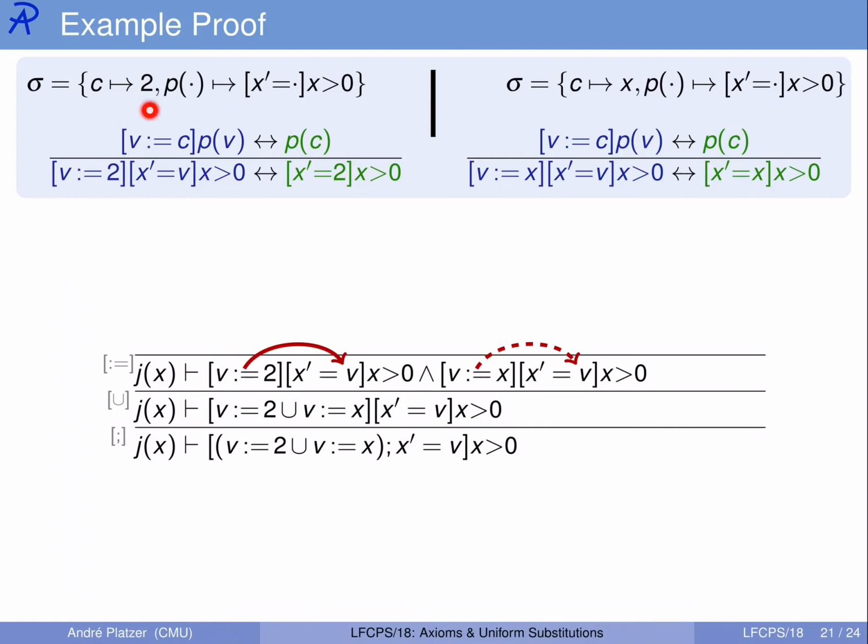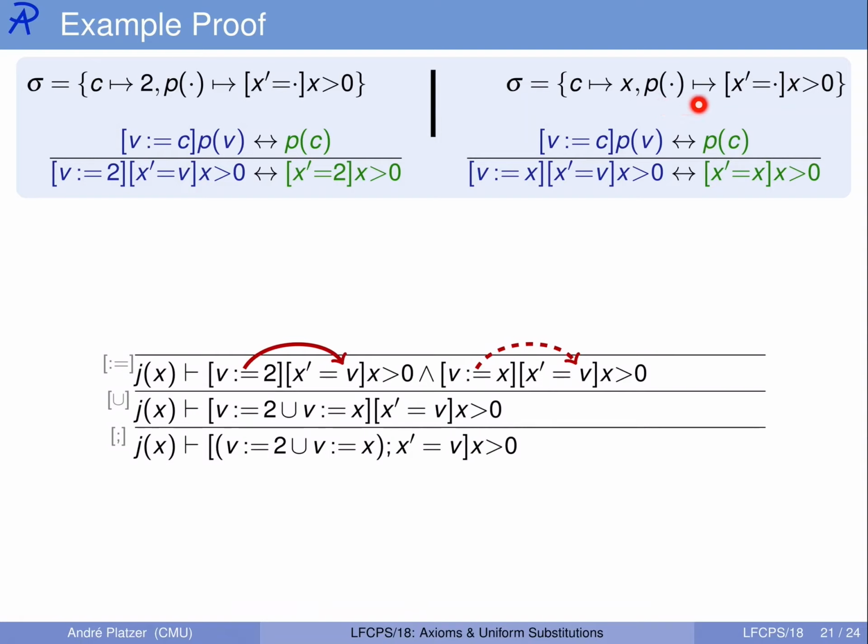This assignment is being brought in by substituting the assignment axiom with p of an argument replaced by x prime equals that argument, x greater than 0, so wherever there was v here, there will be 2 over there. On that side, we need the x to be brought in for v here.